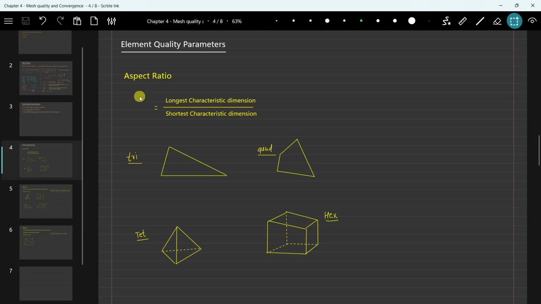Another important point is that most of the softwares nowadays have very robust and superior meshing capabilities, and therefore we don't spend a lot of time in meshing.